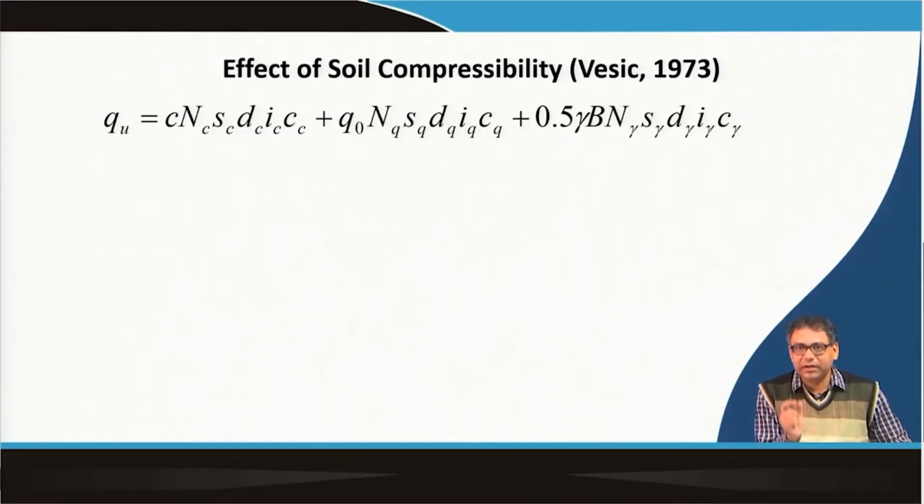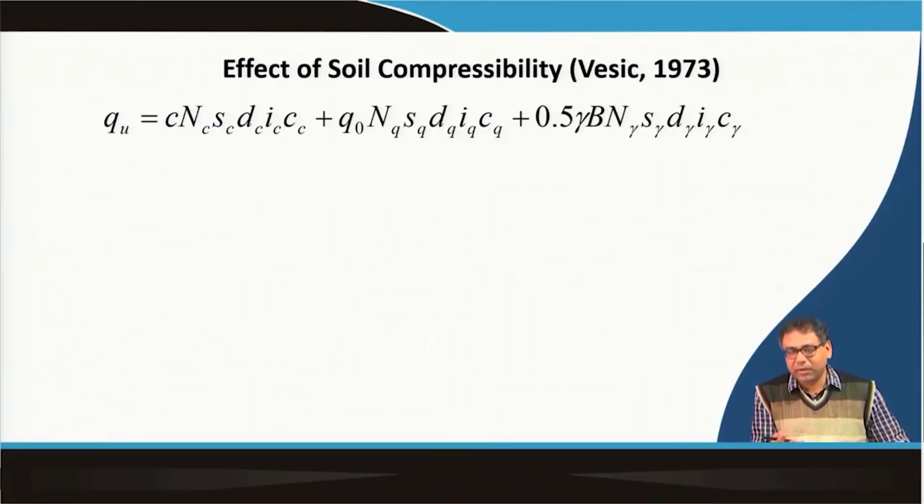Generally we have three factors: the shape factor, depth factor and inclination factor. Another factor is introduced, which is the compressibility factor, Cc. Later on I will introduce two more factors: one is the tilt base factor, another is the sloping ground factor. So basically it is not three factors, it is six factors in total that we can incorporate in a bearing capacity equation.